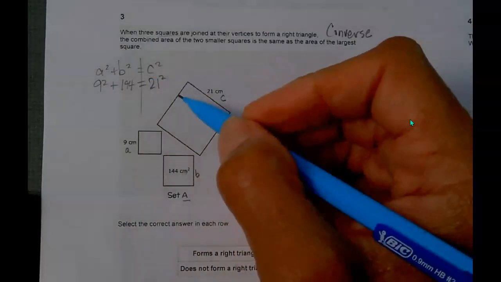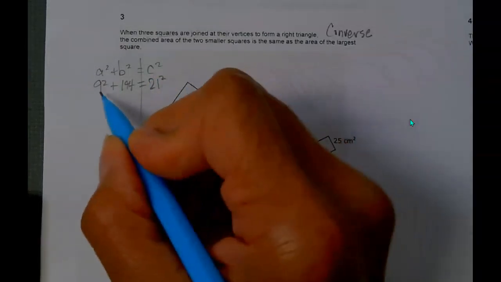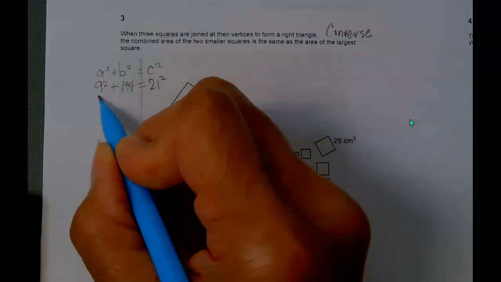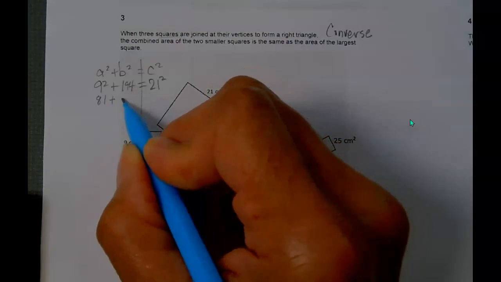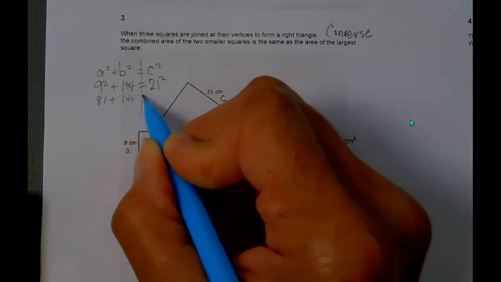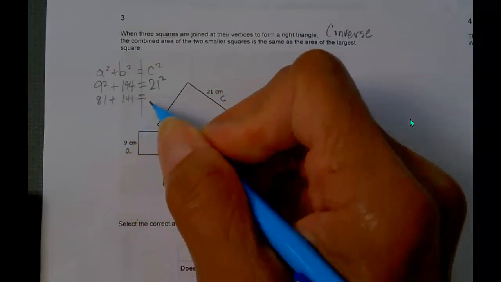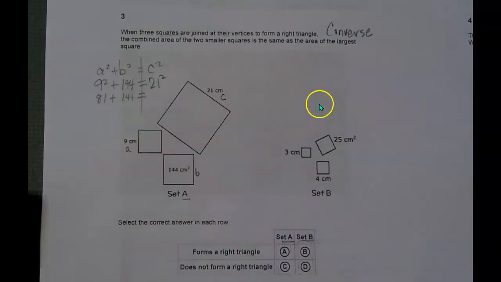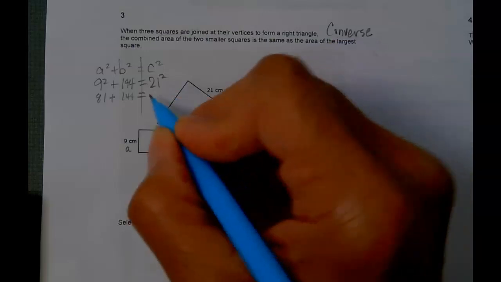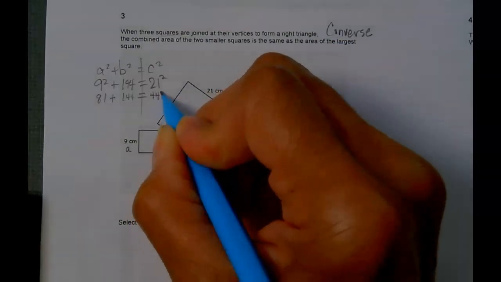So now we're going to go ahead and take 9 times 9 is 81. And then this is your 144. And 21 times 21 is going to give you 441.